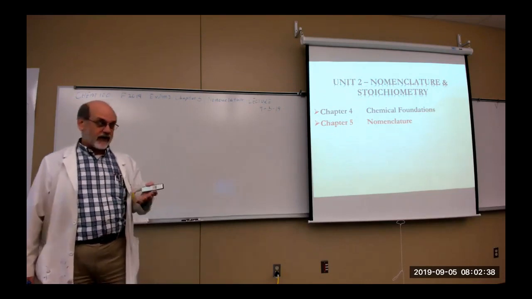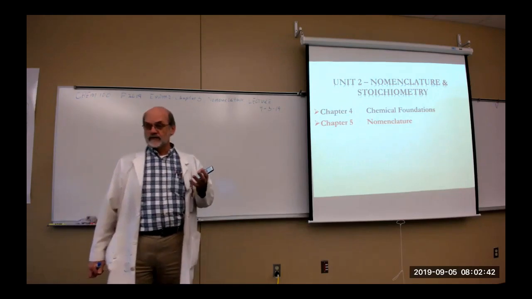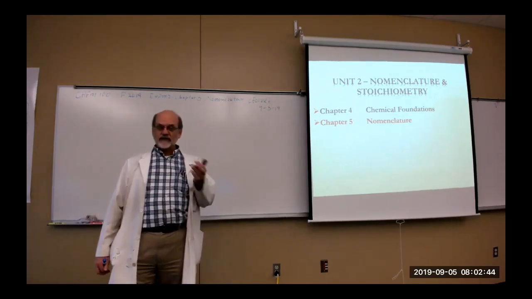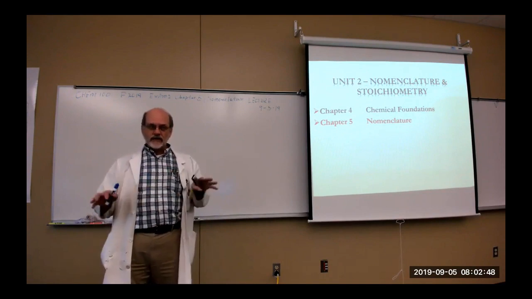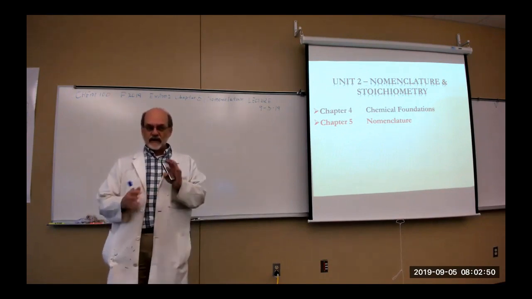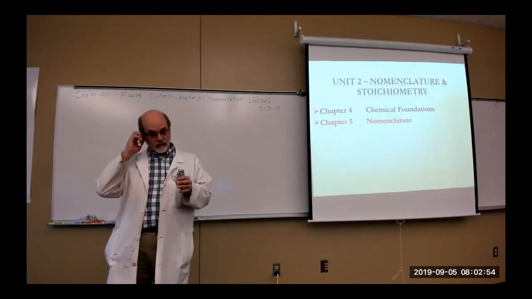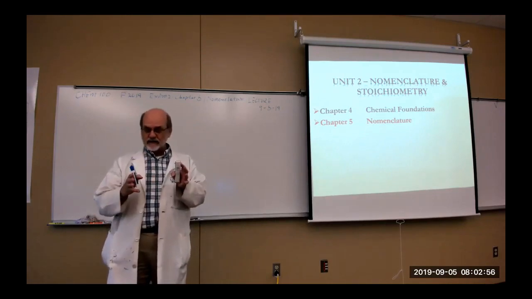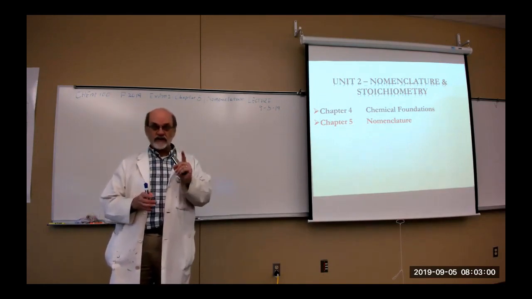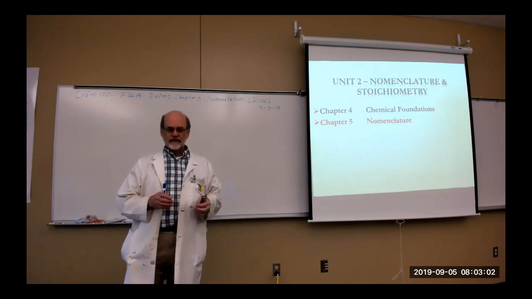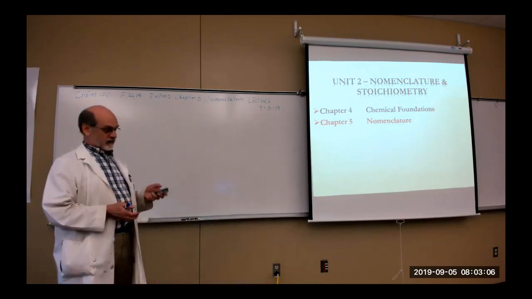In order to do that, the conventions, the rules for naming compounds have to be such so that there's no ambiguity in the name and the compound that it associates with. You've got to be able to write the compound from the name and no other formula. Only one way will satisfy. So we're striving for non-ambiguity.